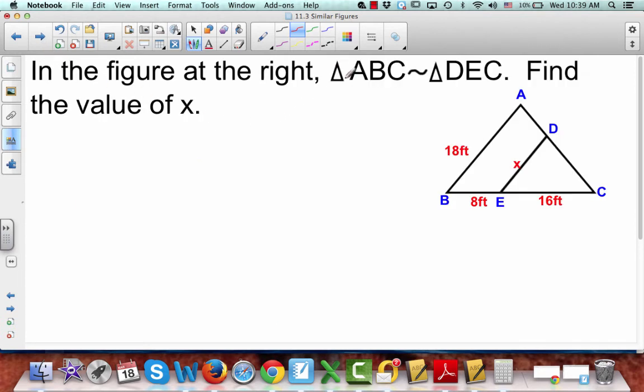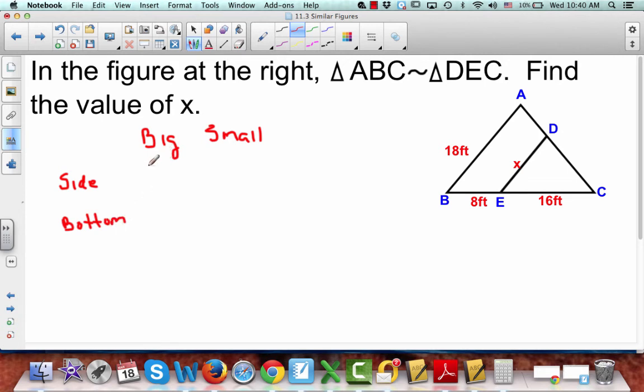In the figure at the right, triangle ABC is similar to triangle DEC. Alright, ABC is the big triangle. DEC is the little triangle down here in the corner. Find the value of X. Alright, so big triangle, small triangle. Okay? And then we've got the side of the big triangle and the bottom of the big triangle.